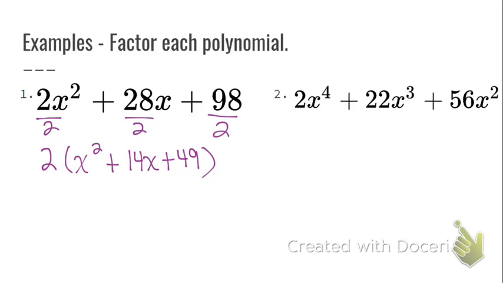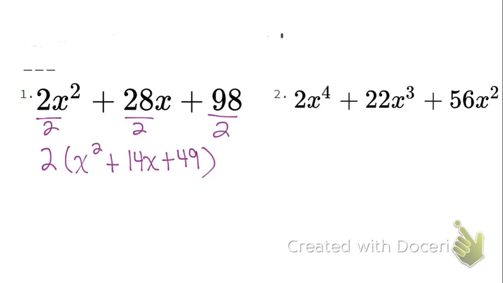Now we can do our X method. So I'll make a little space up at the top to be able to show my X. We're still just focusing on what's inside of these parentheses here. So we're multiplying to 49. We are adding to 14.